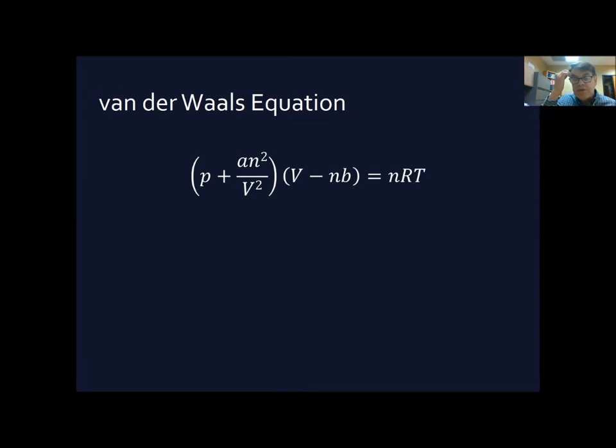The other thing that has to be adjusted is that the pressure is offset a little bit by the attractive forces of the molecules themselves. The molecules are attracting each other a little bit, which decreases the pressure. So to get from the actual pressure to the pressure in an ideal situation, because the pressure decreases, you have to add a little bit to account for the decrease in pressure from the attractive forces between the molecules.